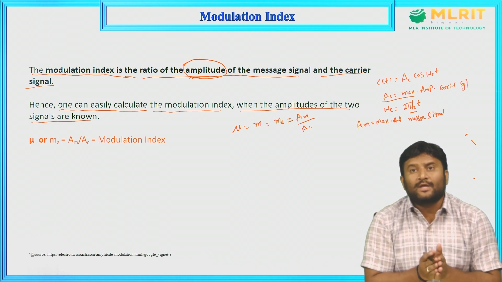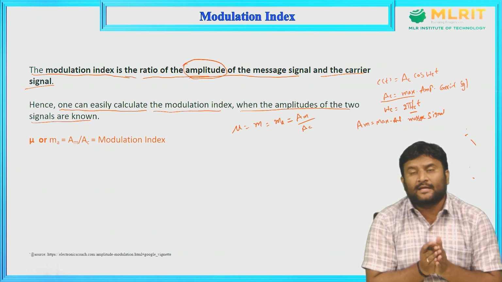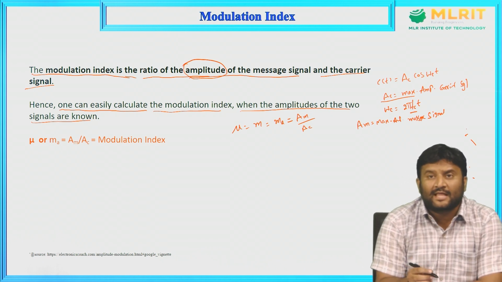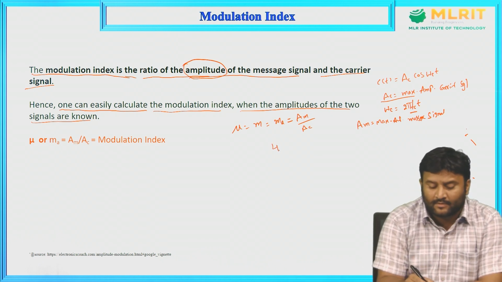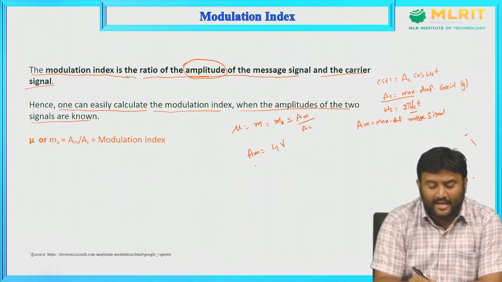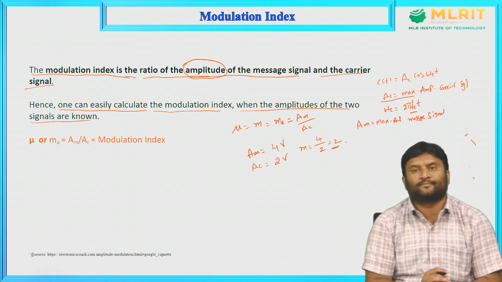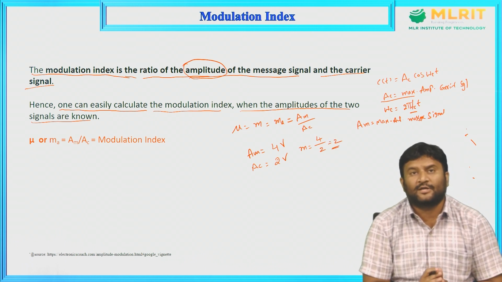Once you know the message signal amplitude Am, and the carrier signal amplitude, for example if Am is equal to 4 volts and Ac is, for example, 2 volts, then mu or m is equal to Am by Ac, that is 4 by 2. This value is equal to 2. It is called the modulation index.